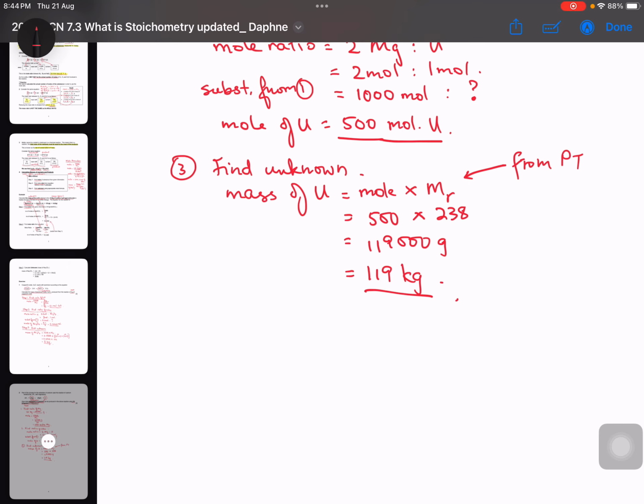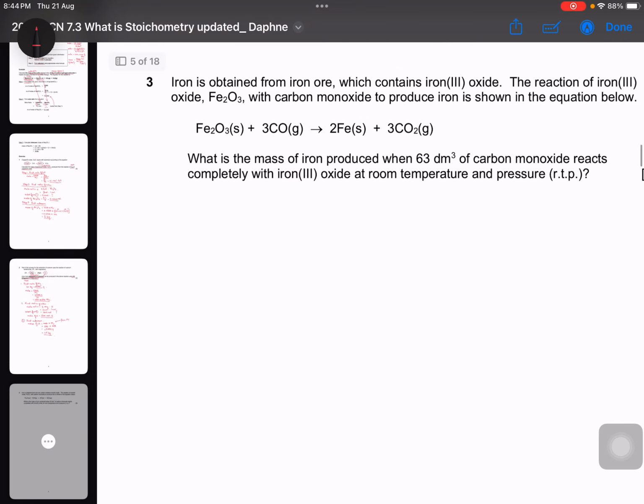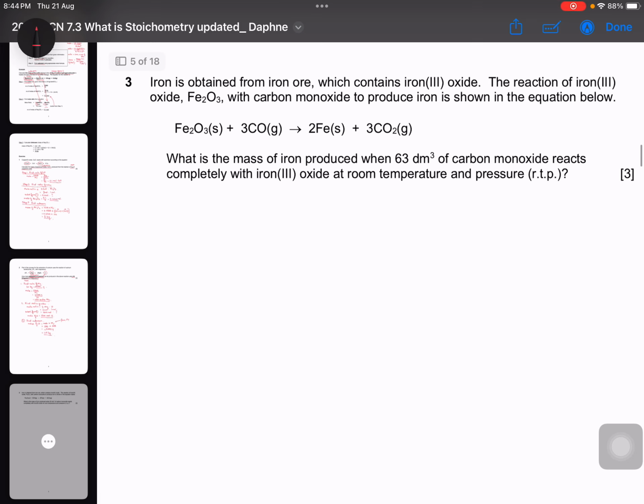Right, next example. Now, still the same thing, okay? Let's read the question. What is our unknown? What is the mass of iron produced? So this is our unknown. When 63 dm cube of carbon monoxide reacts.